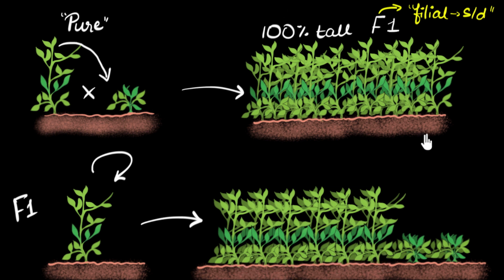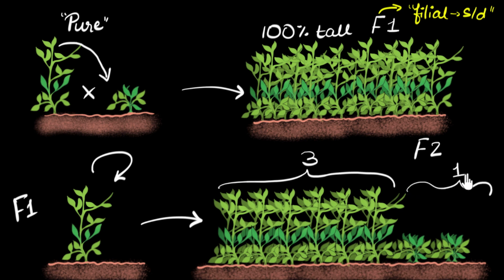In this F2 generation, the second generation of sons and daughters, or offspring, he found that there were roughly 3 times as many tall as short. So the tall to short ratio was 3:1. And yes, he also cross-pollinated the F1 generation plants and got exactly the same result, 3:1.